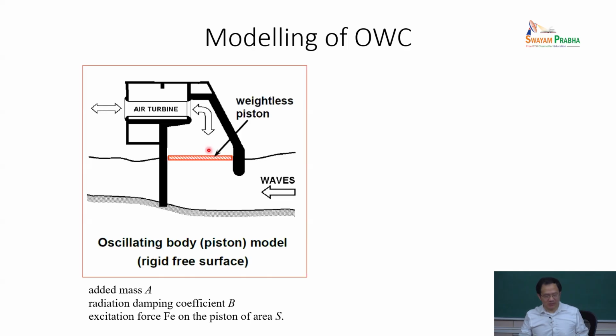We have the constant added mass, which is the water surrounding that. Okay, we also have radiation damping. When this mass moves up and down, it generates waves, this concept, right? So then it will also have excitation force, right? Such modeling we already learned, so we can model the system.